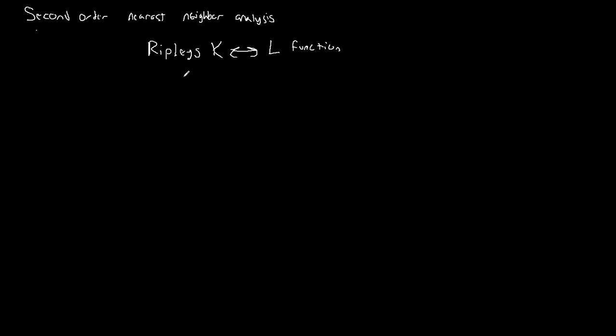What Ripley's K is asking is how many points are within a certain distance of another point. Now we're not just talking about one point, we're talking about how many points are within a certain distance.